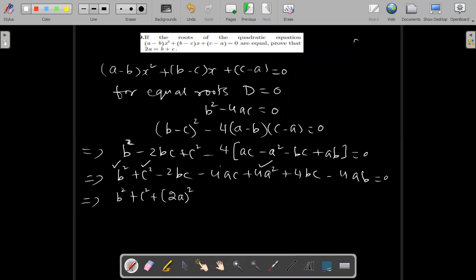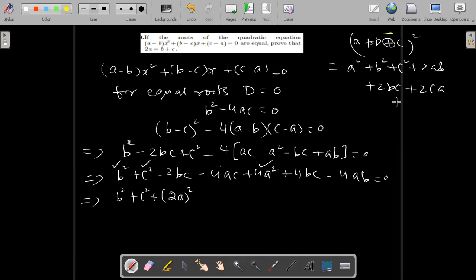Then you know that (a plus b plus c) whole square is equal to a square plus b square plus c square plus 2ab plus 2bc plus 2ca. But just try to understand, if c is negative, then wherever c is there, those two terms will become negative. So here we have to check the negative term.